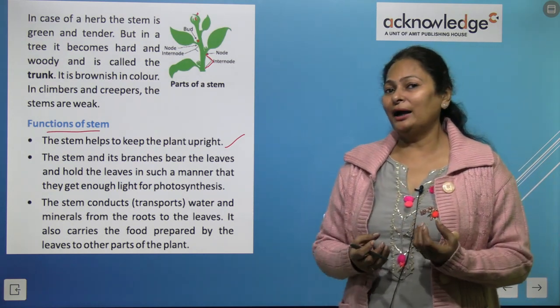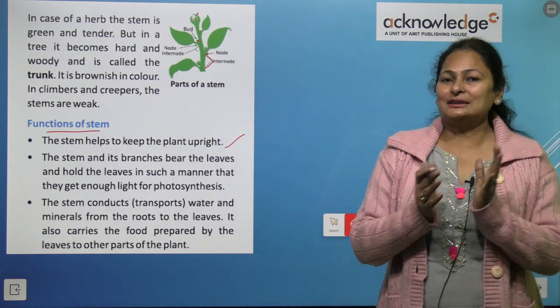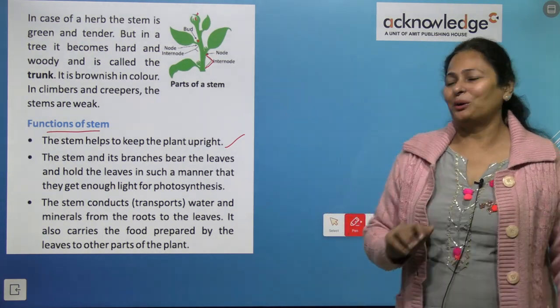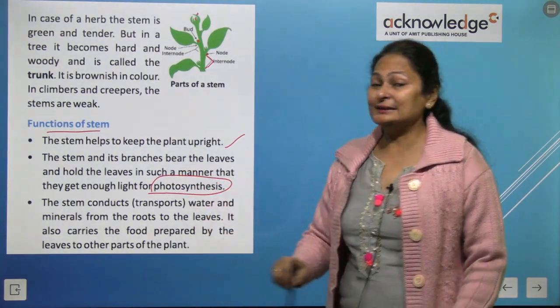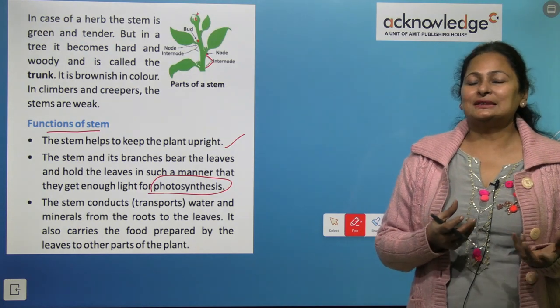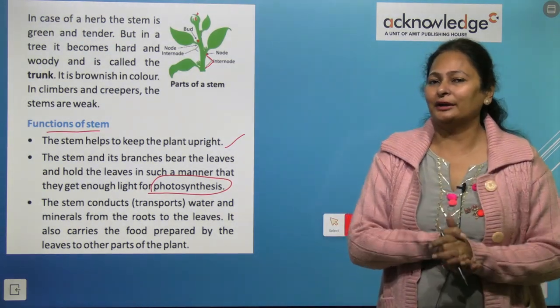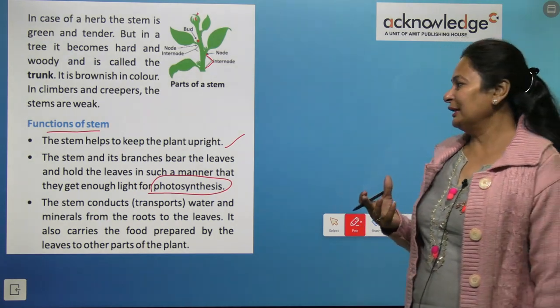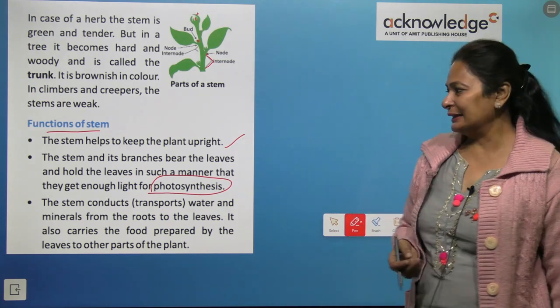The process of making food is called photosynthesis. So the leaves are arranged on the stem in such a manner that they get proper sunlight, air and all the required nutrients so that photosynthesis can be done easily.